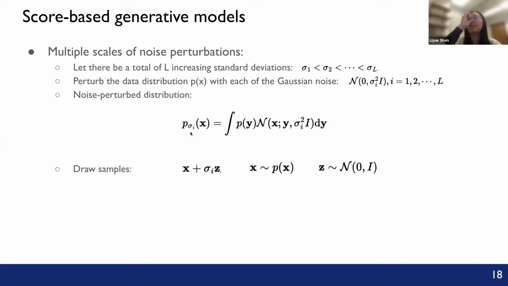And how we sample from this distribution is also straightforward. We can just sample from the original distribution p(x), that is, sample from the ground truth data, and then add noise with the different scales of standard deviation.